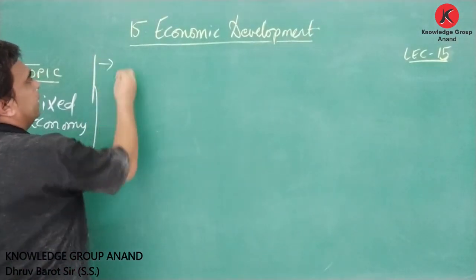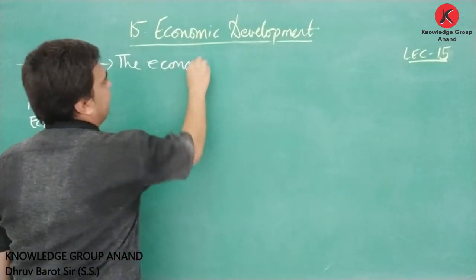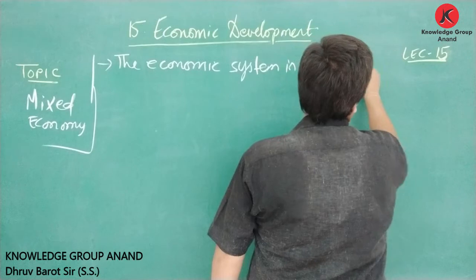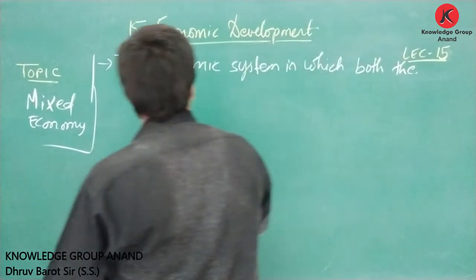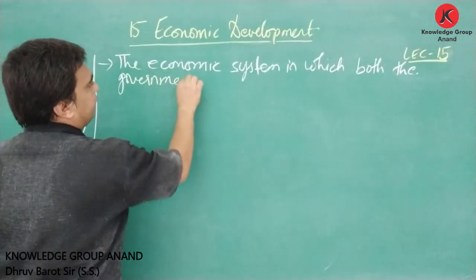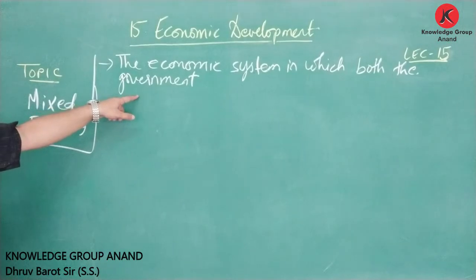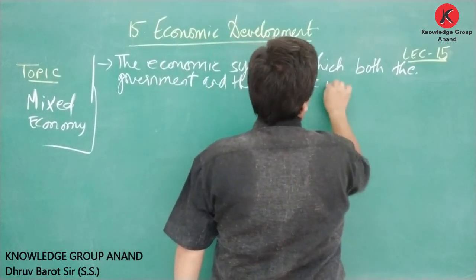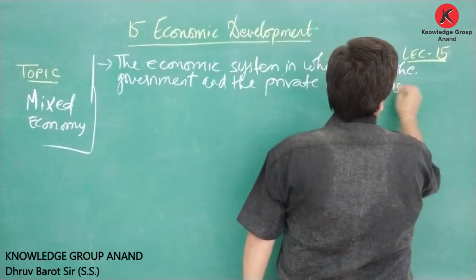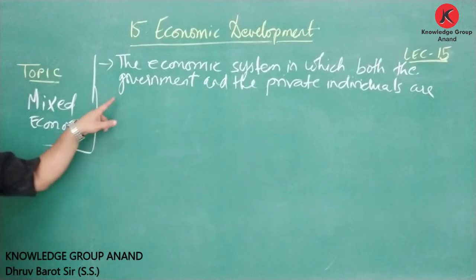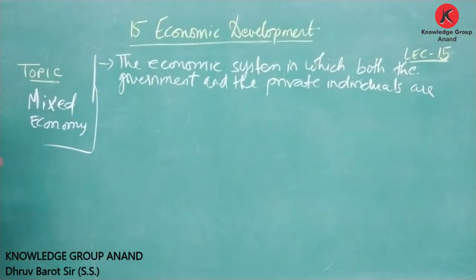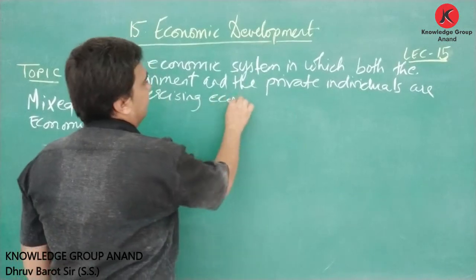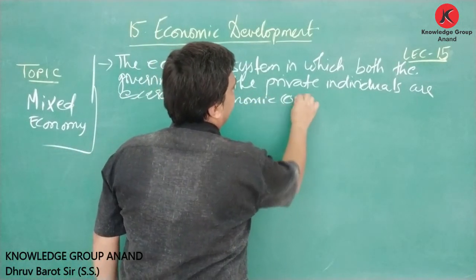Here, if you understand this, it is said: the economic system in which both the government and the private individuals are exercising economic control.